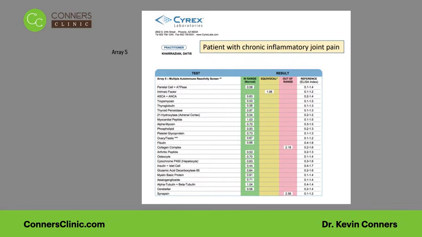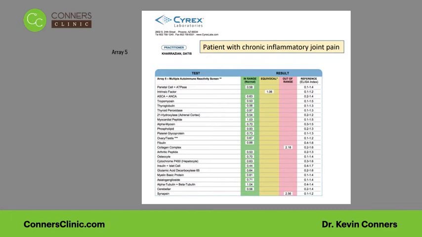If they stop absorbing B12, there's a whole cascade of things that could happen through the methionine pathway that you want to address now that you have this test, even if the patient came to you with chronic inflammatory joint pain and had no symptoms, signs, or anything that led you to think that they had any intrinsic factor issues. So hopefully that explains that.